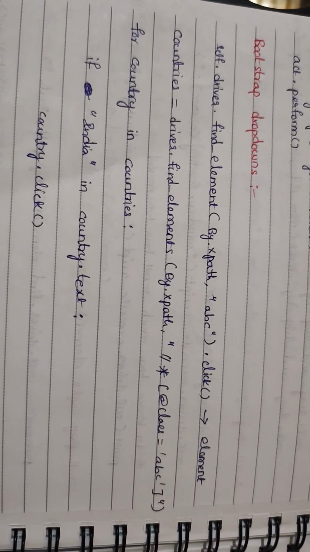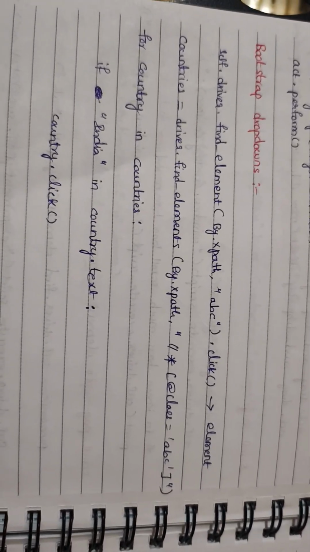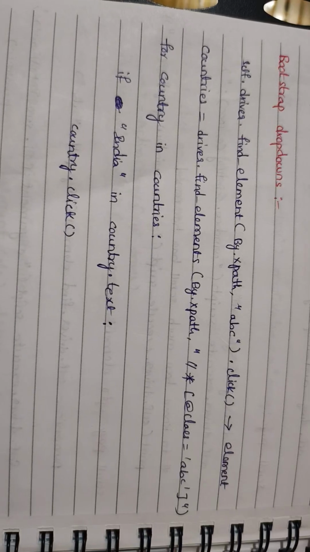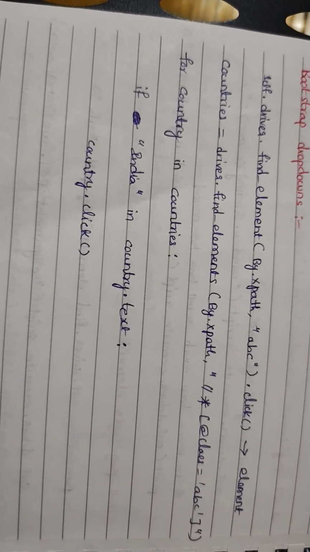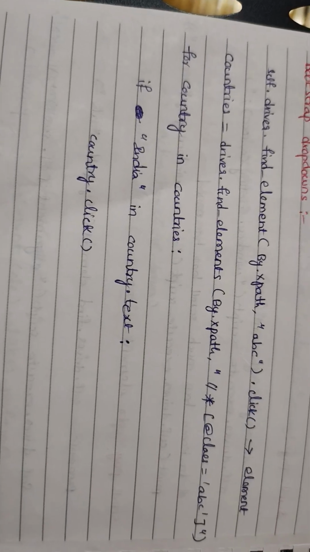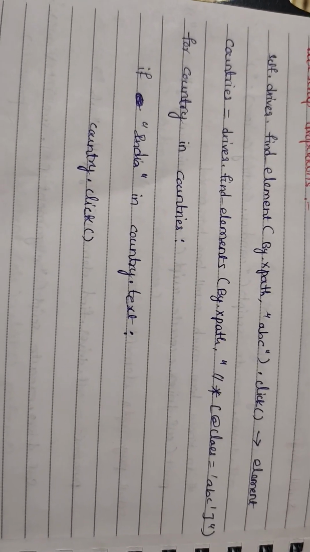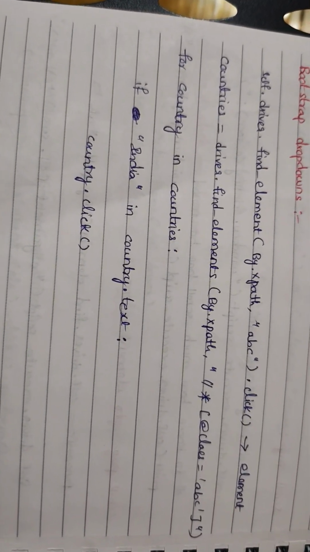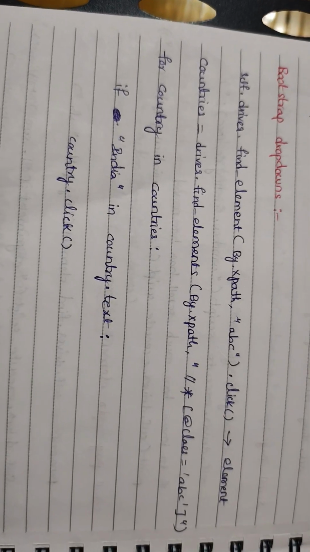So we have to find all of them using driver.find_elements with the XPath, store them in one variable, then use a for loop: for country in countries, if "India" in country.text, then country.click(). So if it is 15 minutes in country.text, then country.click().